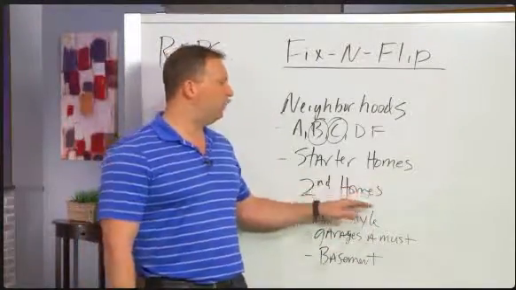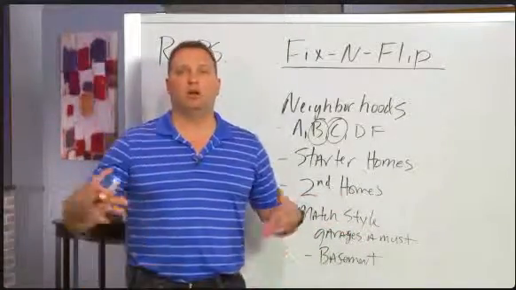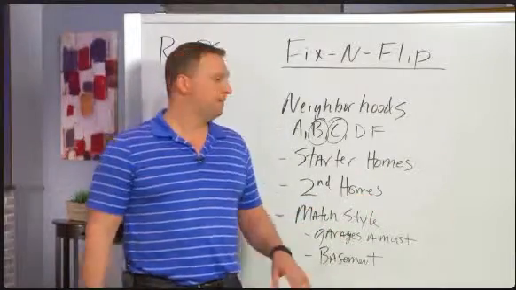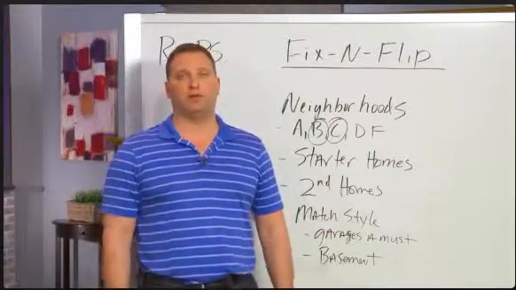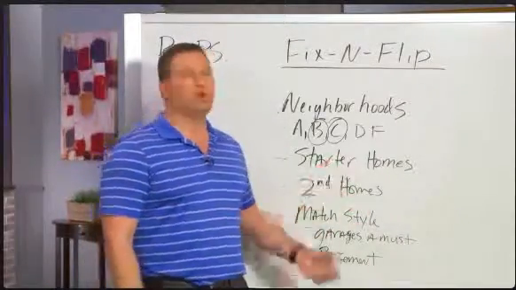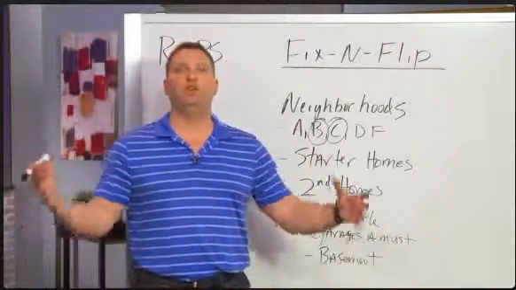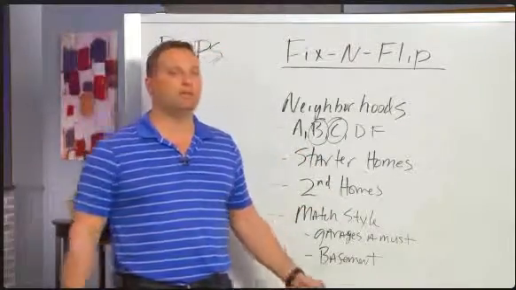Those are the two types of homes that I focus on. There's a little bit more risk with the second home price ranges, and you've got to spend a little bit more money, but it's still something that you can make a higher profit on. If you find some of these, a lot of times they sell faster than starter homes if they're rehabbed right, because there's fewer of them out there, so the demand and the supply are kind of offset.